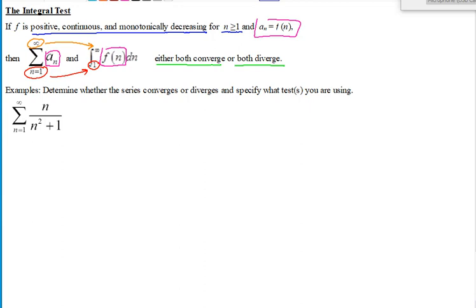So the way you can tell is if the formula here is something that we are able to integrate. In this case, you can see if you plugged in infinity, you would get 0. We have infinity's left on the number, so the divergence test would only tell us it might converge. So, using the integral test, we can rewrite this series as a similar integral here.